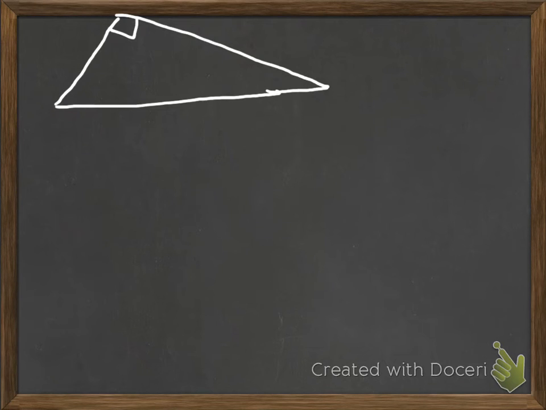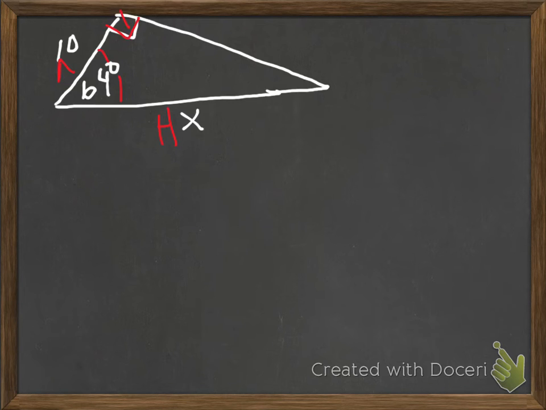Another triangle. Label the triangle. We have our hypotenuse across from the 90-degree angle. We have our reference angle, which is 64 degrees.